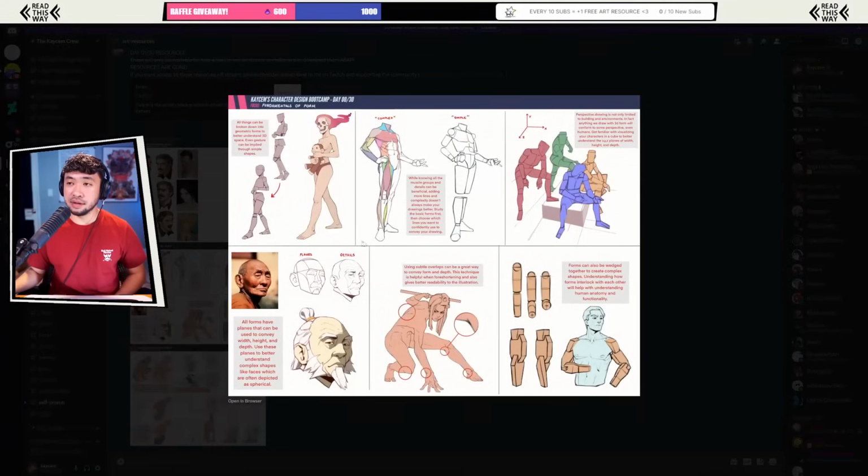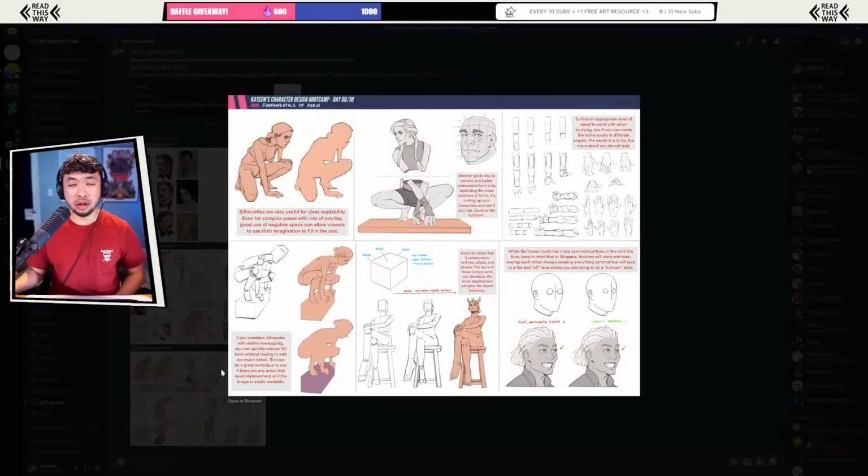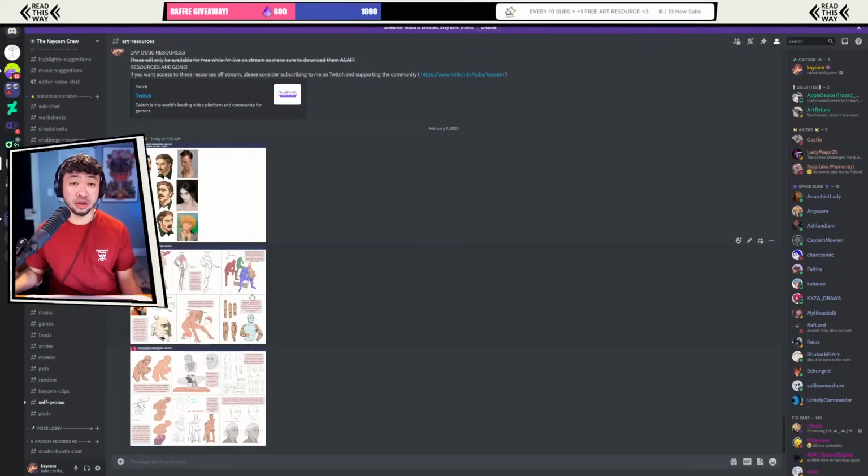We have here this cheat sheet right here, which I made talking about the fundamentals of form. And then we have another one here, which is a little bit more about foreshortening, volume, and all of that stuff. So these 2 are kind of the first cheat sheets that we have for this boot camp, which eventually I'll be compiling all the cheat sheets that I make into a digital book. It'll be my first ever digital art book. I'm very excited.